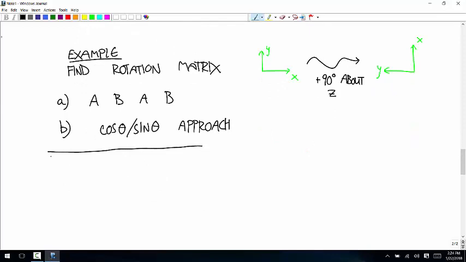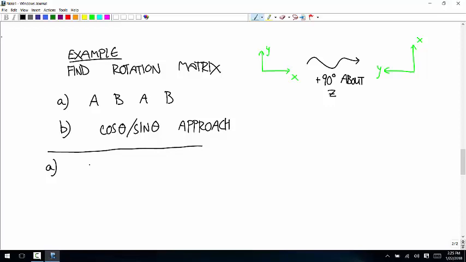All right, for the first way, we want to express these coordinate axes in this coordinate system. So a vector like this, what would that be over here? 0, negative 1, 0. So what was the question? Just express this vector in this coordinate system.